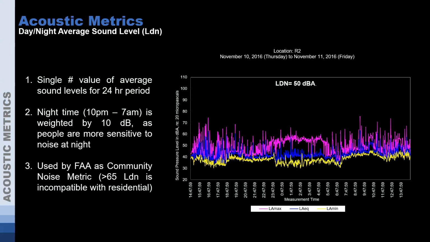Just looking at this specific example, it's showing an LDN of 50 dBA. Well, if we look at where 50 is, let me get a laser pointer here. On this graph, you can see that we have a lot of sound levels that are above that 50.